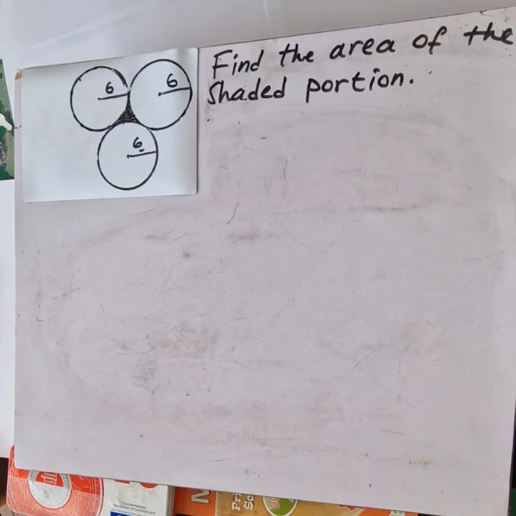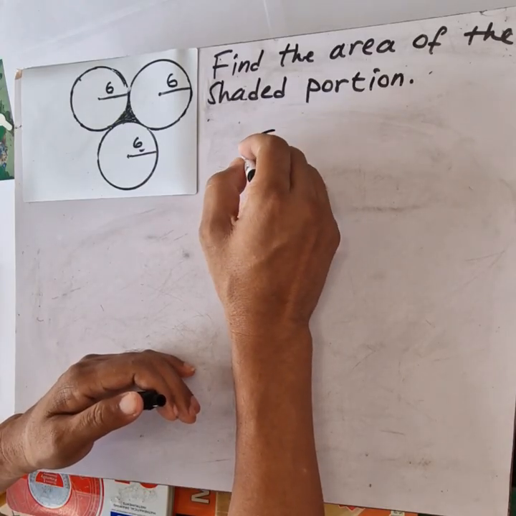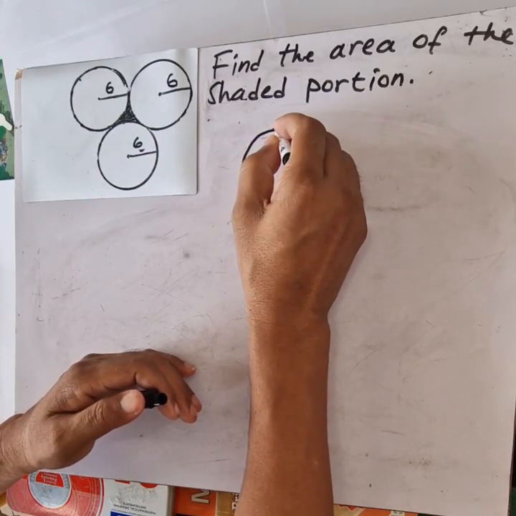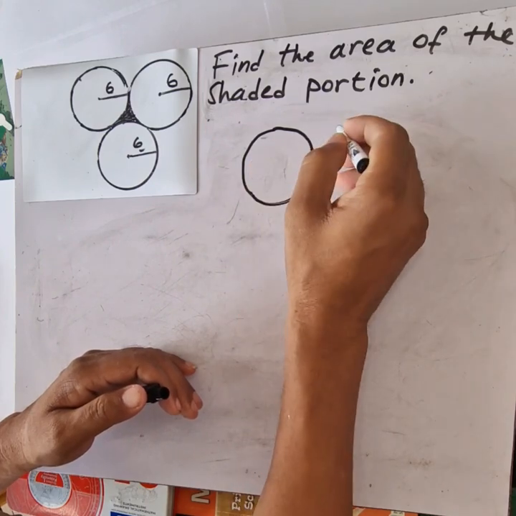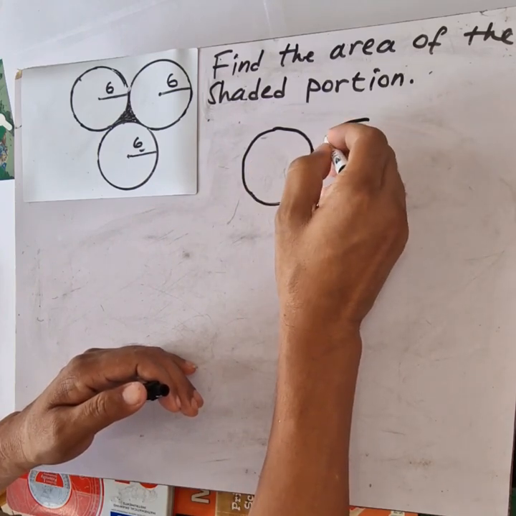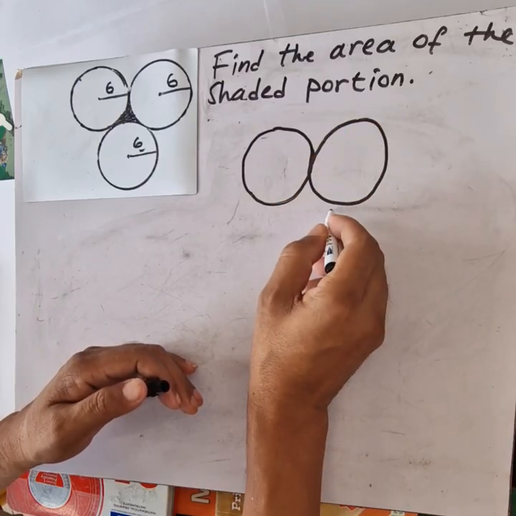Now, let's look at the three identical circles.